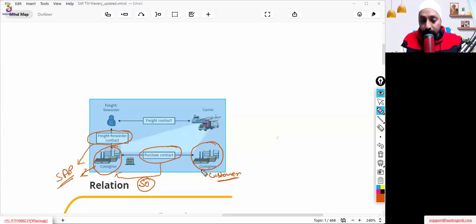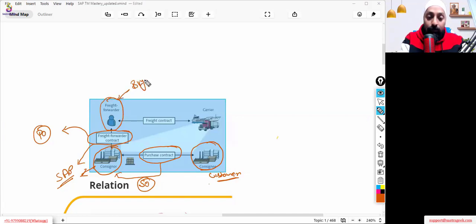For the consignee it's a purchase order, but as a consignor, it would be a sales order for me. So I would be punching in a sales order in my SAP, and I would have a freight forwarder contract, which is kind of a purchase order, or a purchase contract, for me. Why a purchase contract? Because I am buying from the freight forwarder.